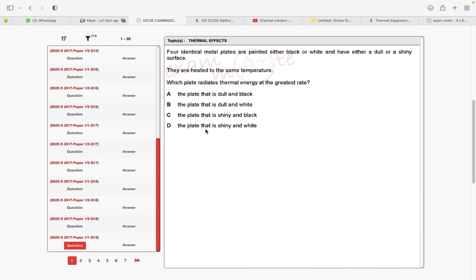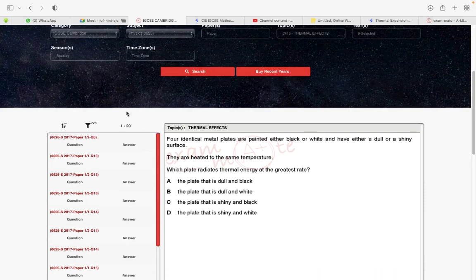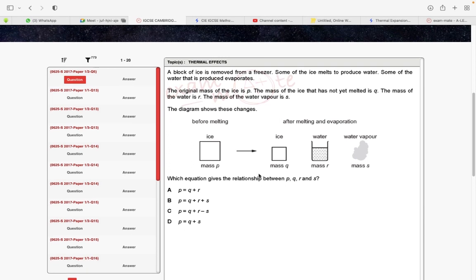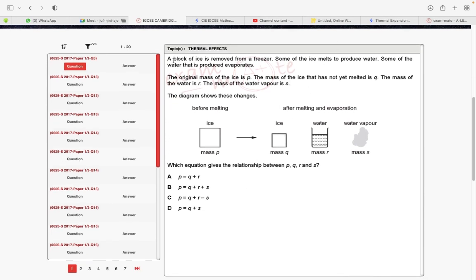Okay, now let's see the first one again, just one more time. They ask you for the relationship between the masses. A block of ice is removed from a freezer. Some of the ice melts to produce water. Some of the water produced evaporates. The original mass of the ice is P. The mass of the ice not yet melted is Q, the mass of the water is R, and the mass of the water vapor is S. The diagram shows these changes.